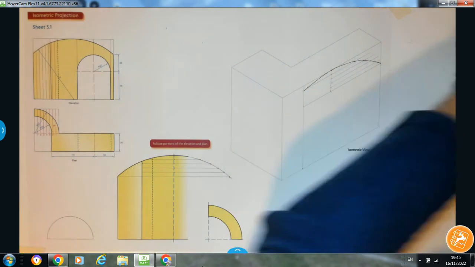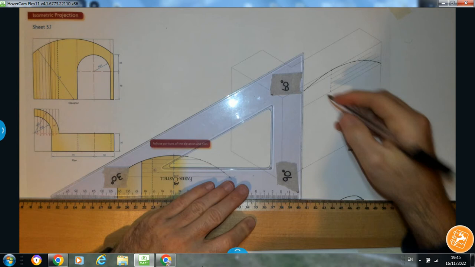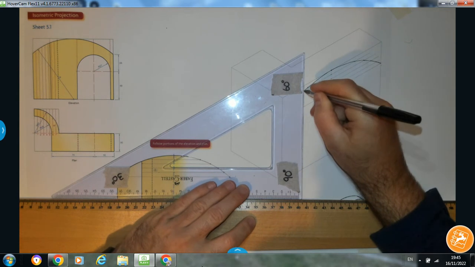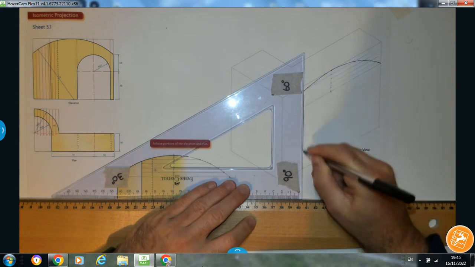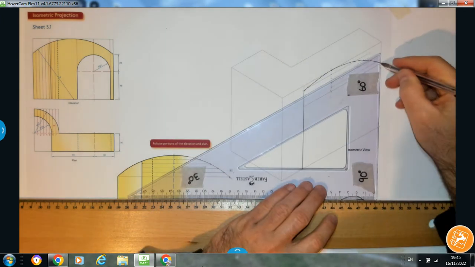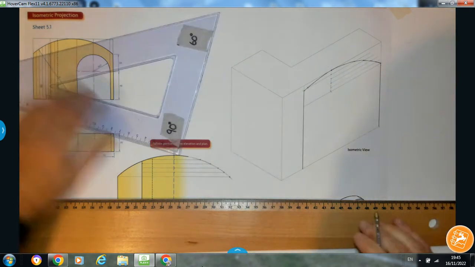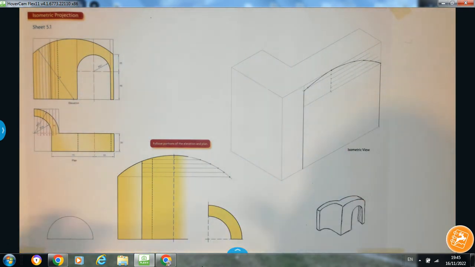Okay, so that's that bit done. Having got that done, I will now heavy in this section. And this section. Okay, so there's that bit done.